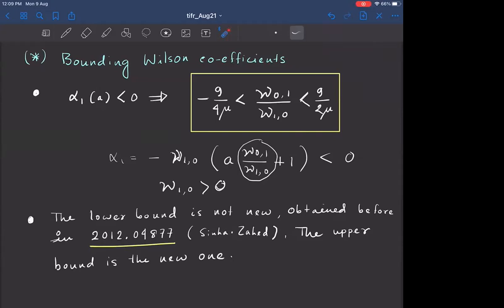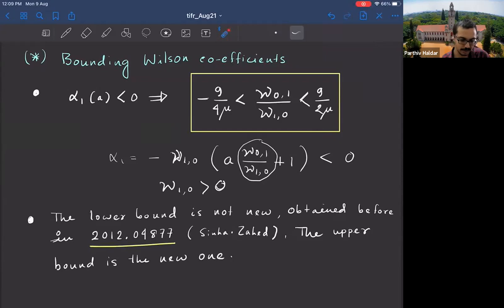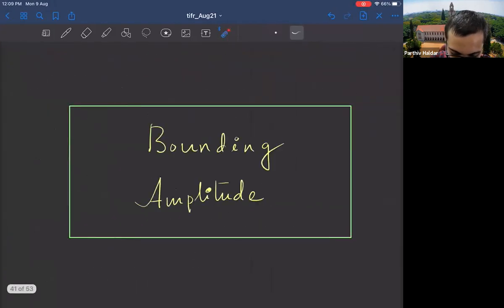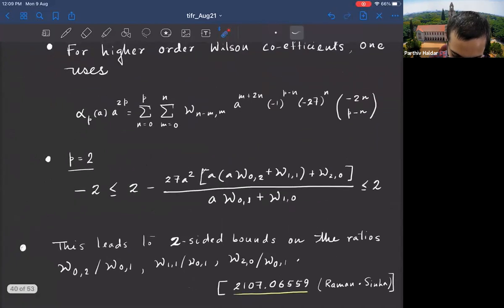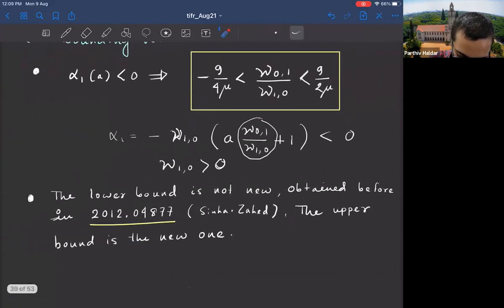If so, it turns out that if you consider a Koebe function, you can get three kinds of amplitude, so to speak.